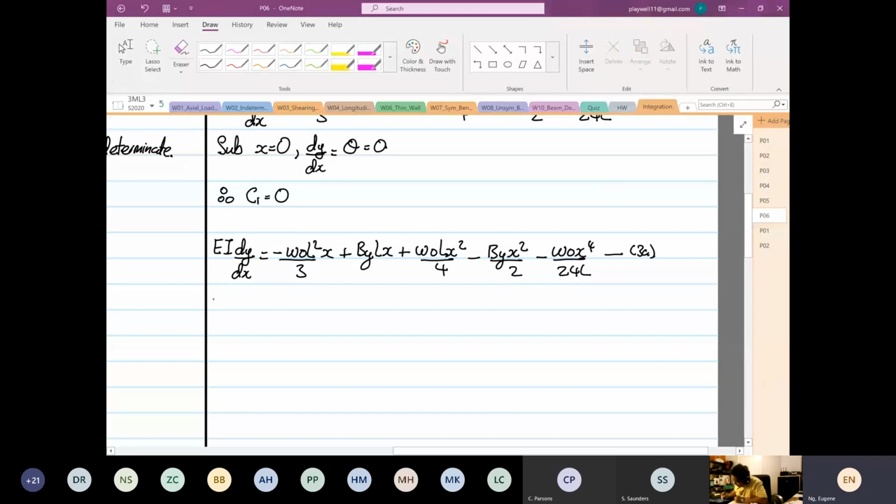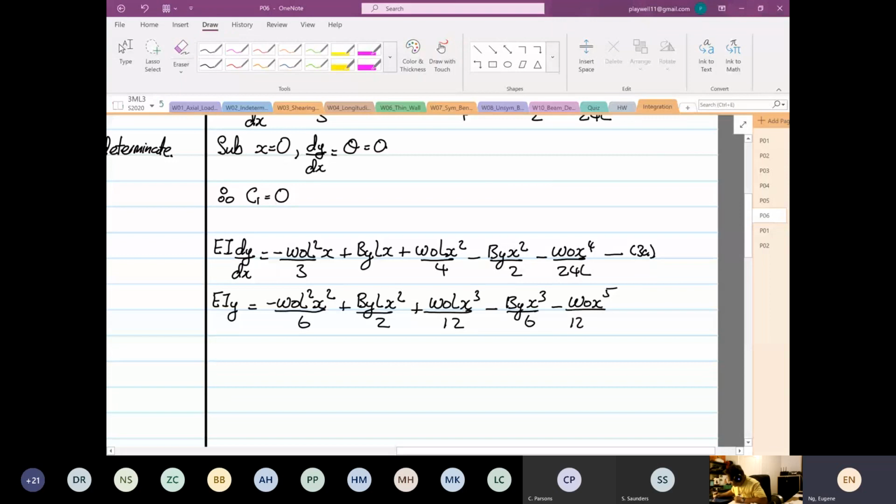And then we integrate again. So this will be equal to minus omega naught L squared x squared over 6 plus By ByL x squared over 2 plus By omega naught L x cubed over 12 minus By x cubed over 6 minus By omega naught x to the 5 over 120L plus By C2.